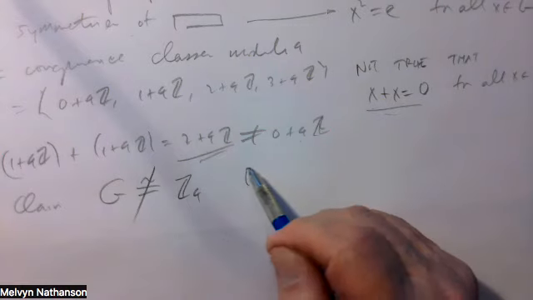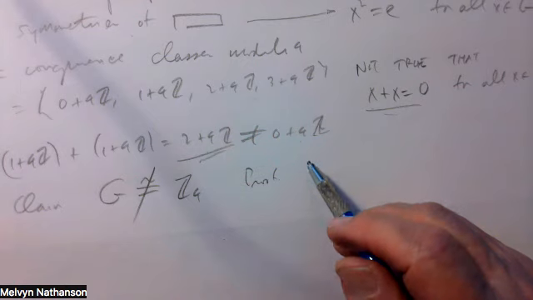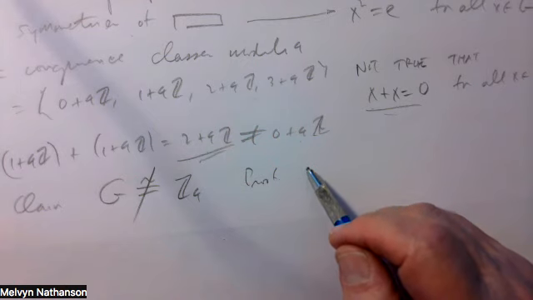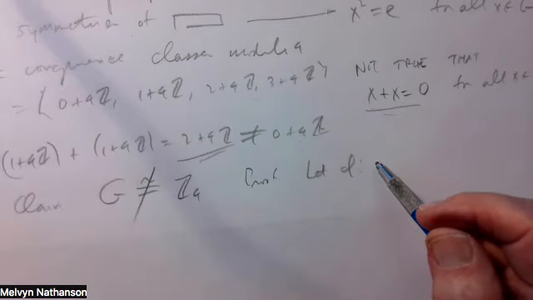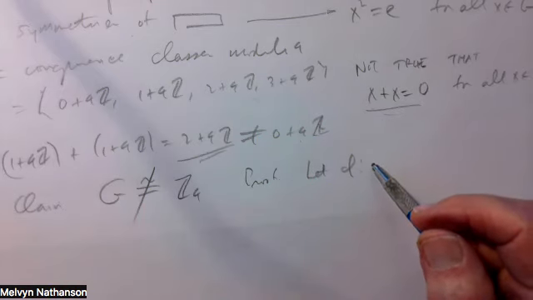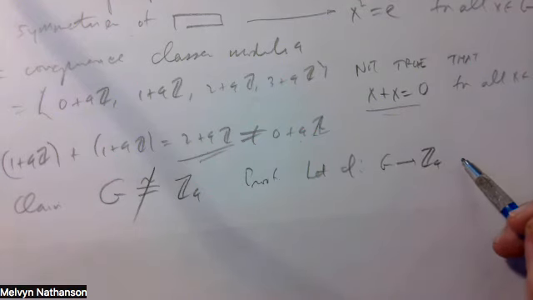And what is the proof of that? So, that there is no isomorphism phi from G to Z4.